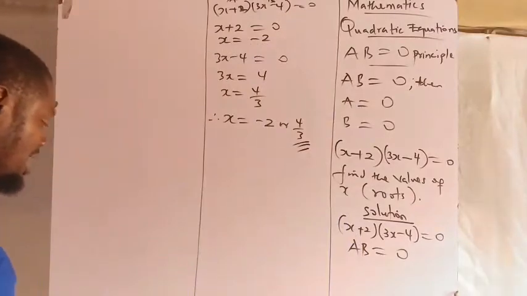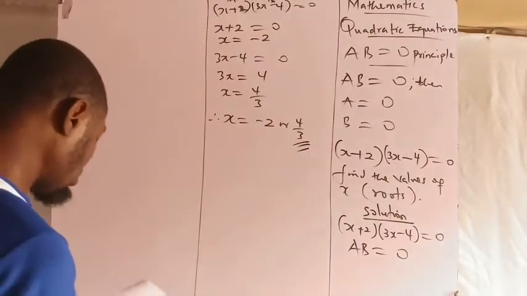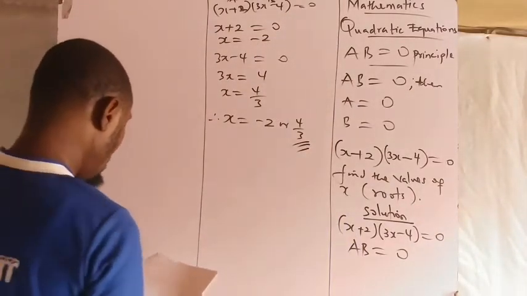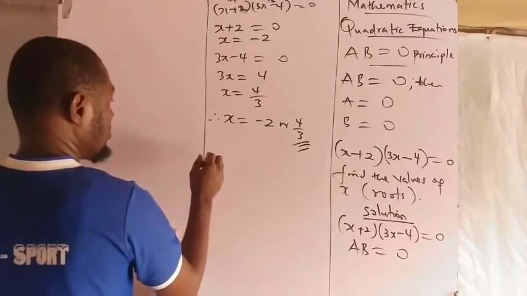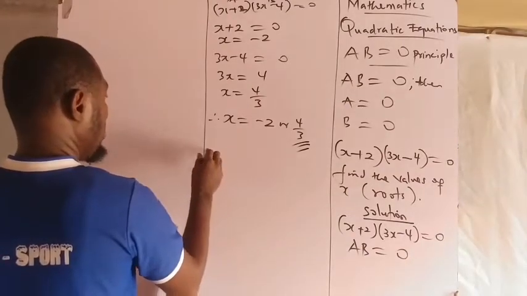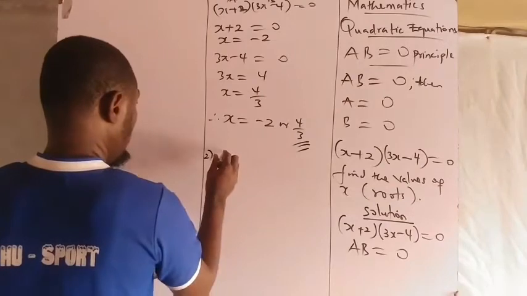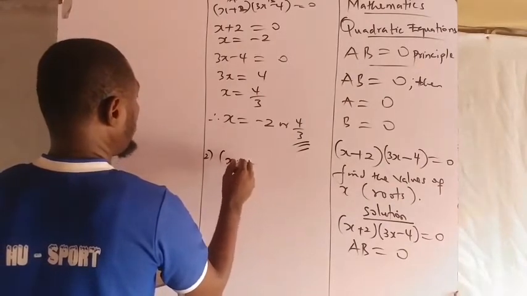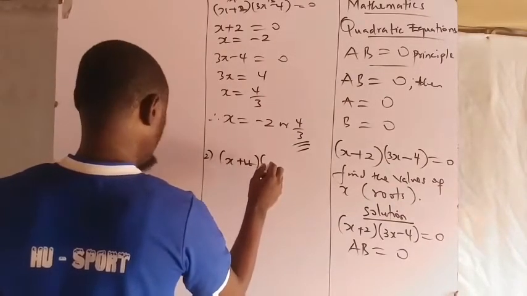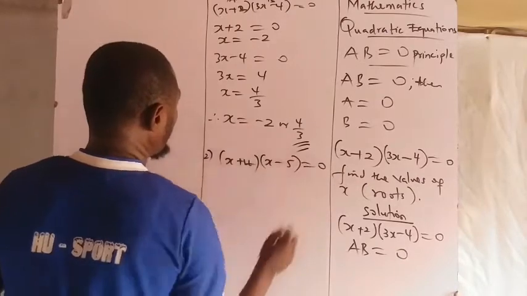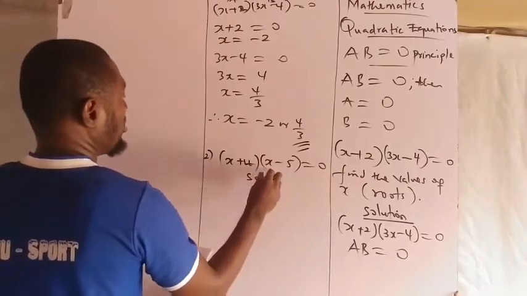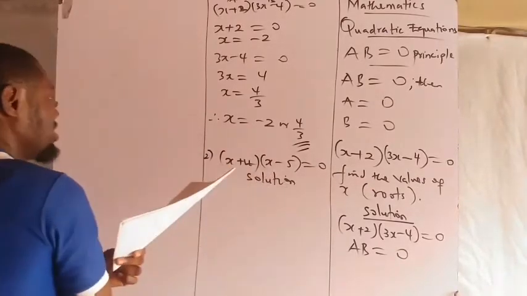Let us see another problem quickly. You have this given: (x plus 4)(x minus 5) is equal to 0. Solution: you have to find the values of x.